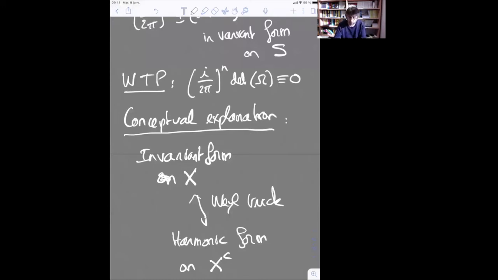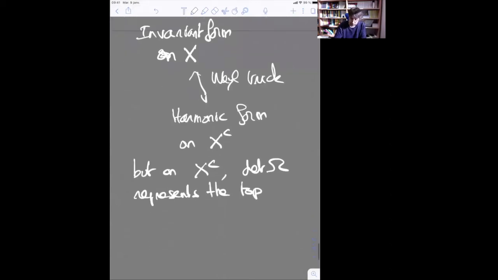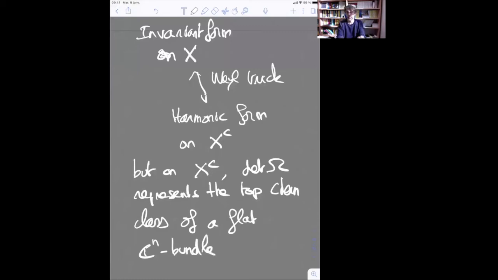But on the compact side, the determinant of omega represents the top Chern class, or the Euler class, in fact, the top Chern class of a flat Cn bundle.